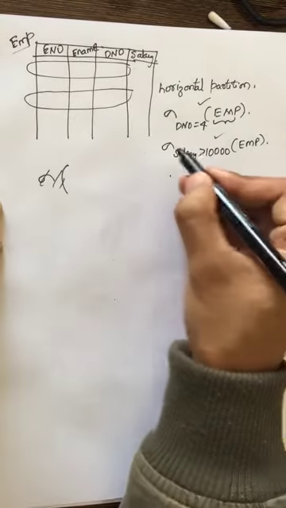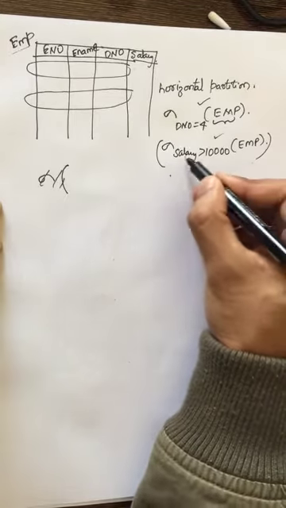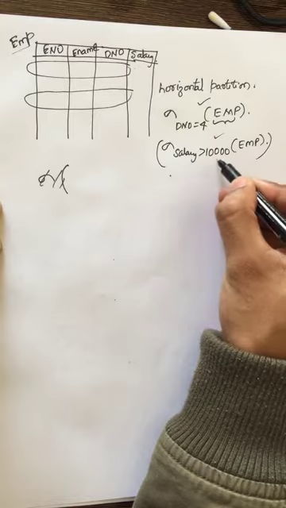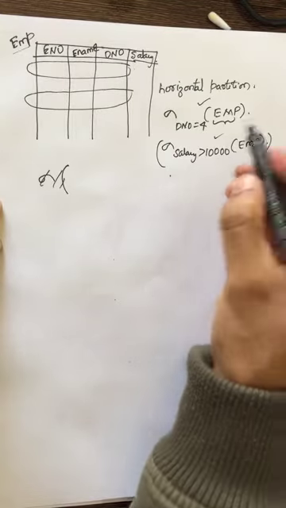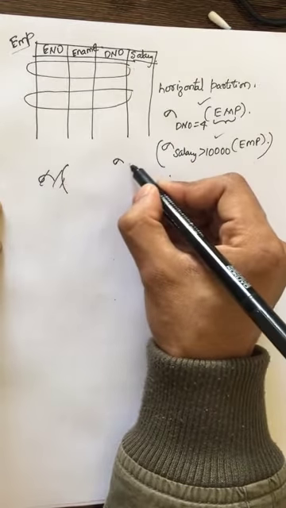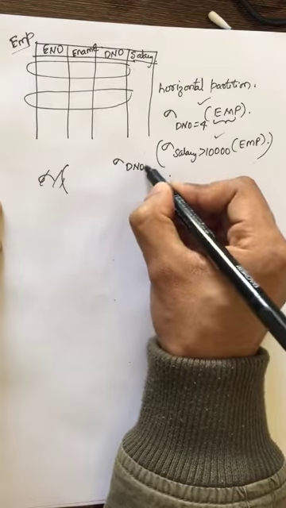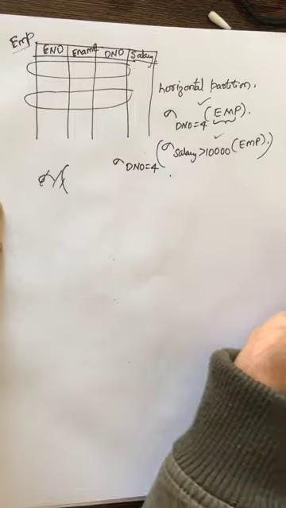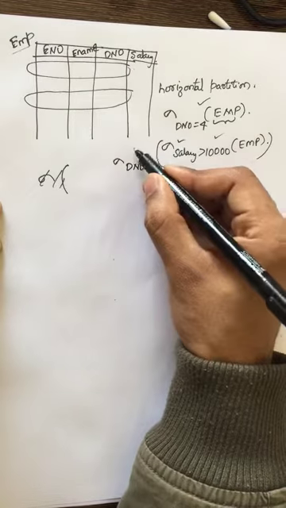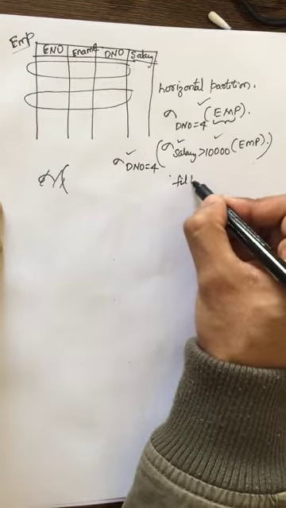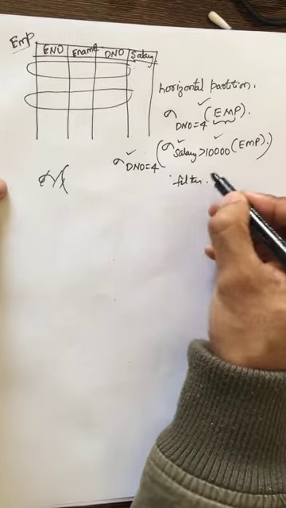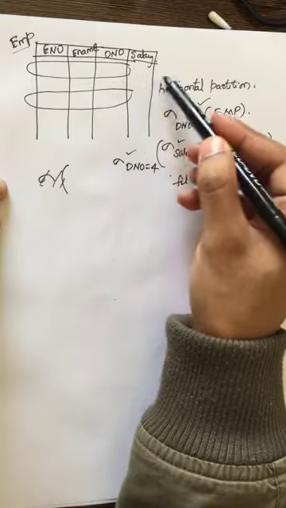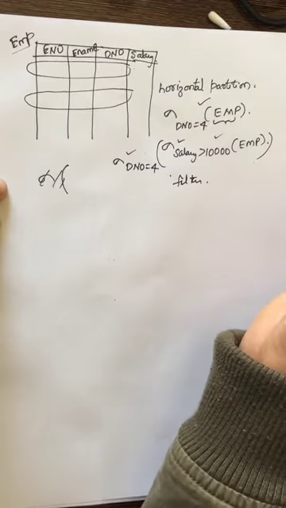First I want to do this: say we have selected all the employees who have salary more than 10,000. Now from those rows I can filter out only the employees who belong to department number 4. So select is in some sense acting as a filter. What is a filter? It is trying to remove some of the tuples and retain some of the tuples.